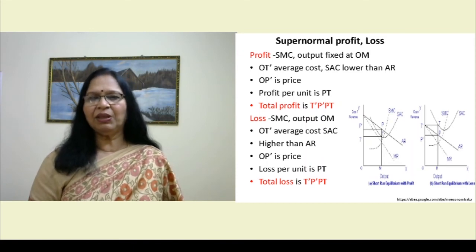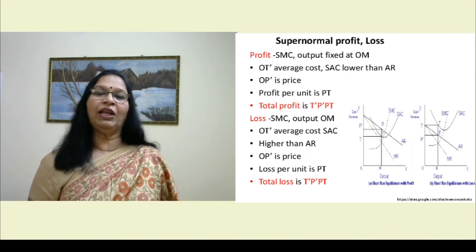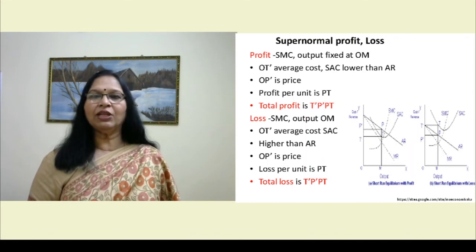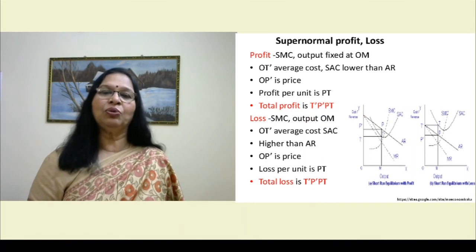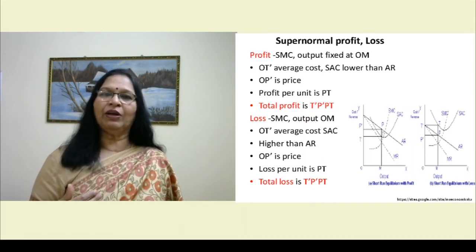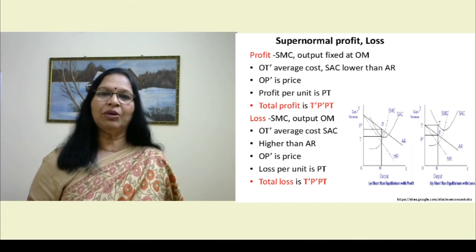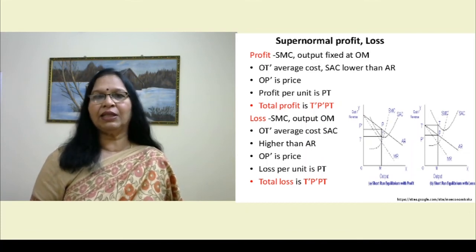Now, this is the same thing that we have to understand for the loss-making firm. In the case of a loss-making firm, what we can do is raise the average cost curve above the average revenue curve. The rest of the rules apply the same.